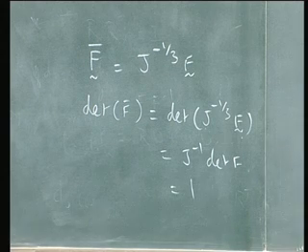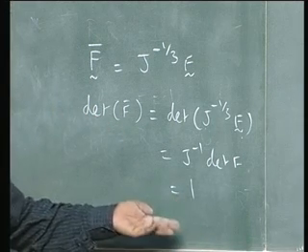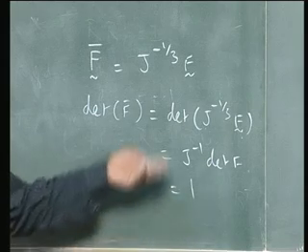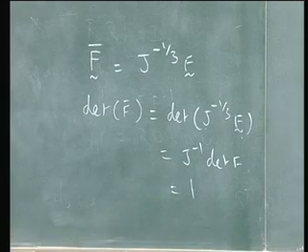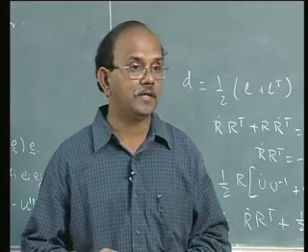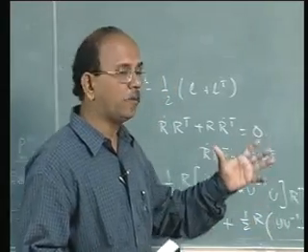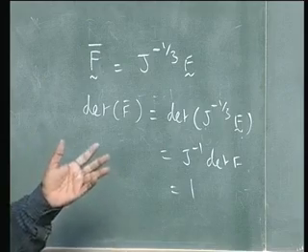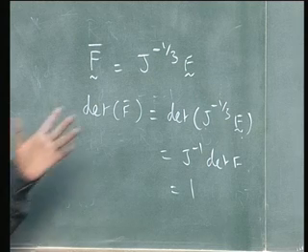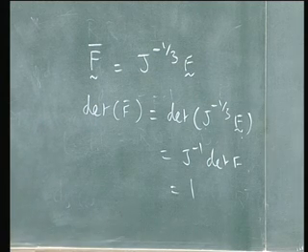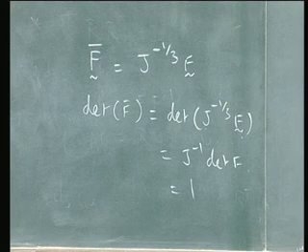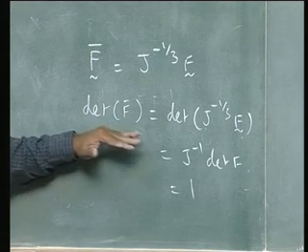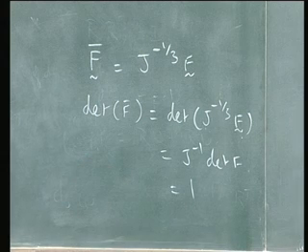When the determinant of F bar is equal to 1, we say that this is the deviatoric part of F, and the other part, J to the power 1 by 3, is the one which gives you the dilatational part of F. So F can be split into two parts like what we do for stress, the dilatational and the deviatoric part. Pure isochoric deformations are defined by F bar.